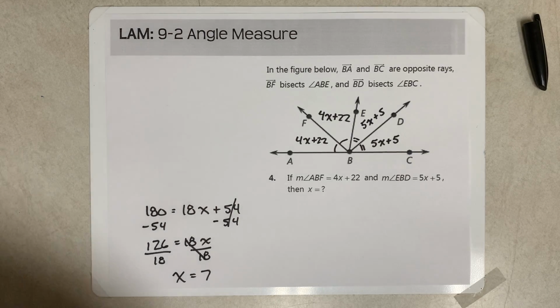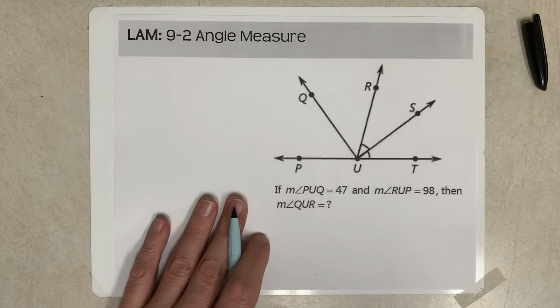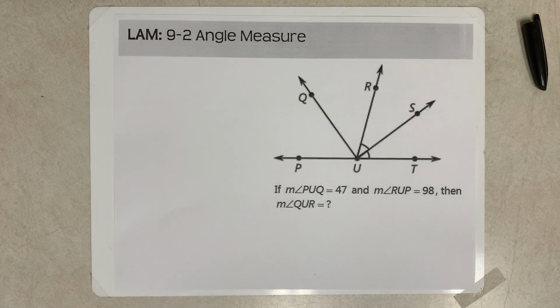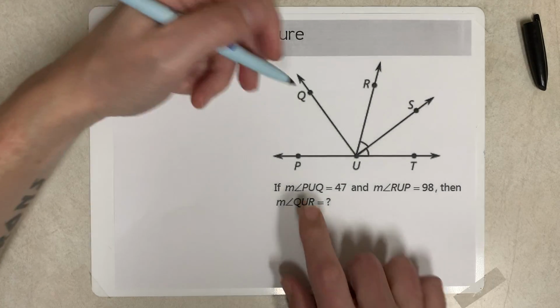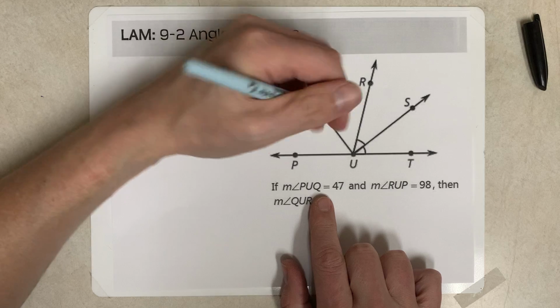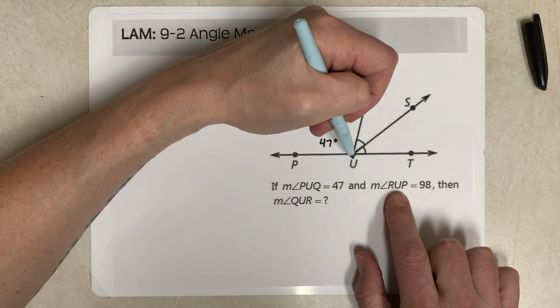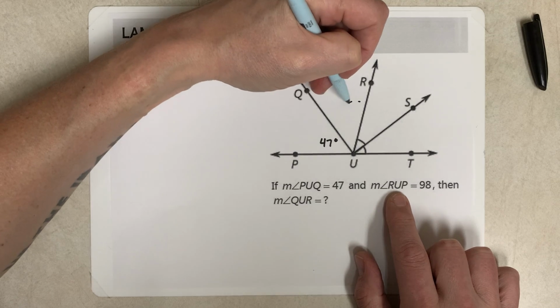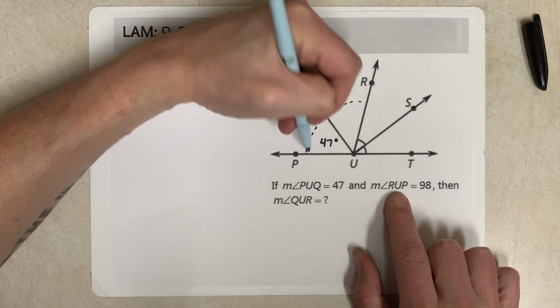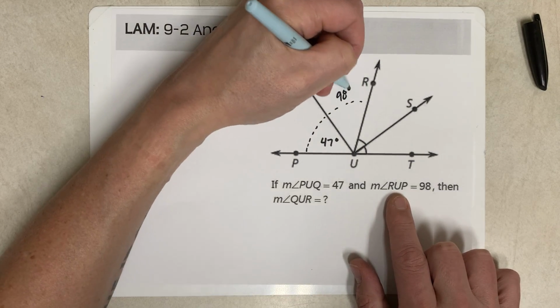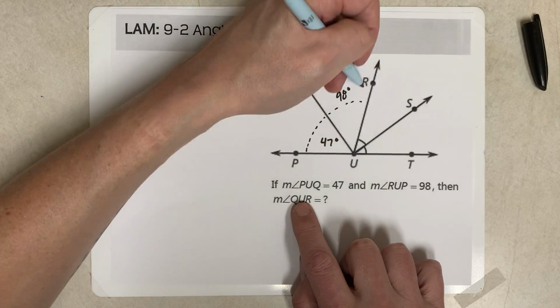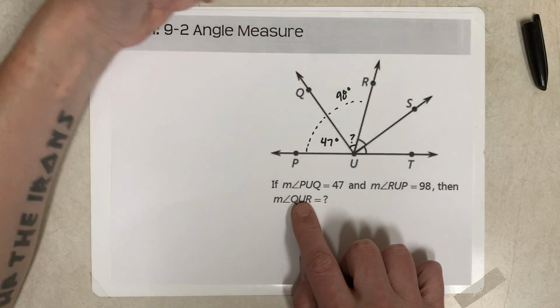All right, next problem. Now we have a different setup. If PUQ is 47 and RUP, the whole thing, all of this is 98, then what's QUR? That one.